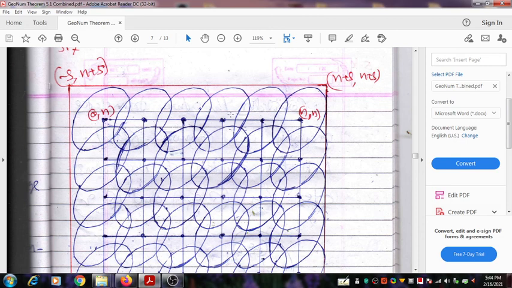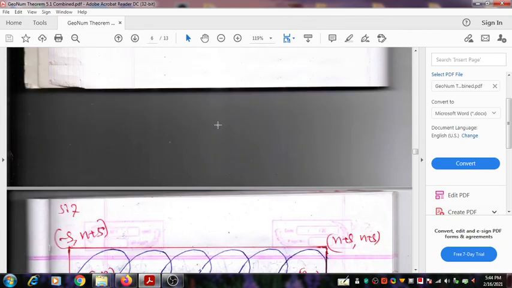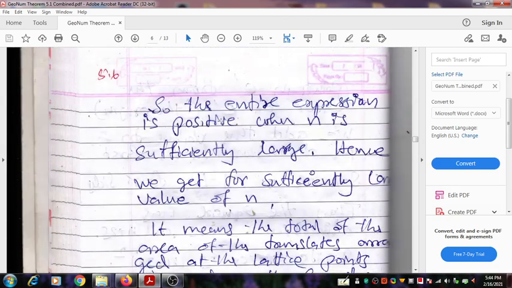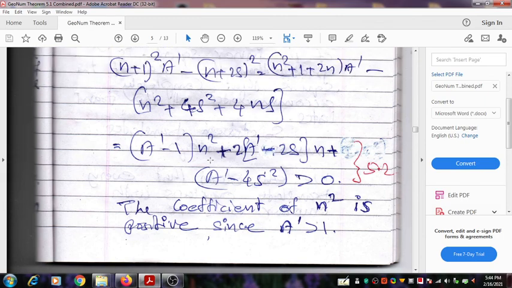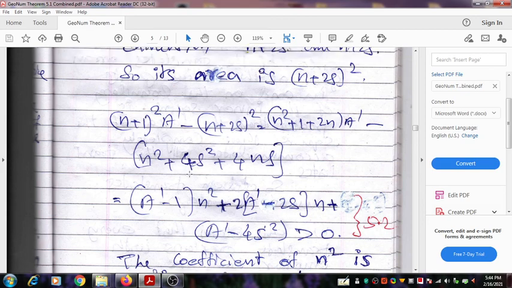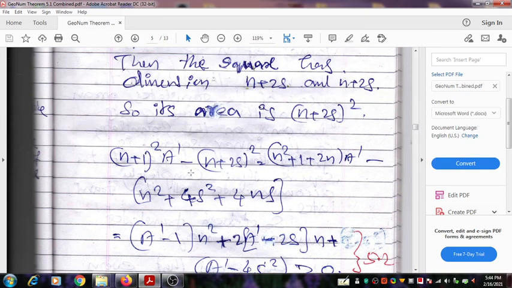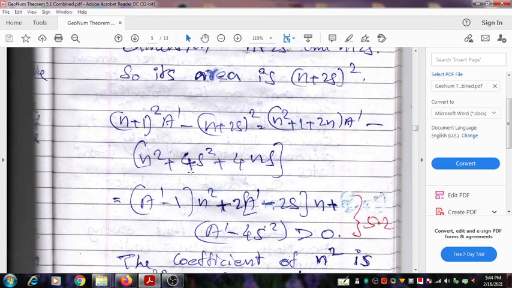If there are overlapping, then their area must be greater than the area of the outer square, the red square. But here, that was an error in my statement: we are not making any assumption about the overlapping.